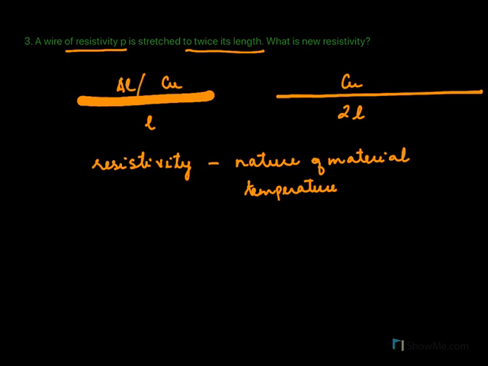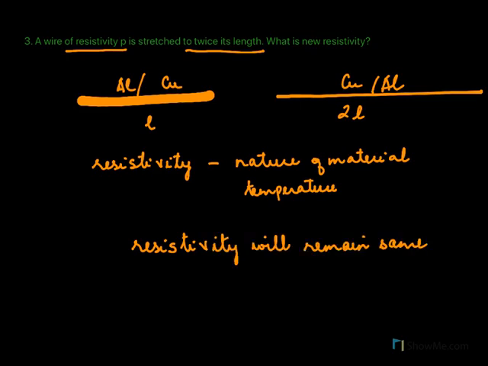If this was aluminium, this again would be aluminium. So the nature of the material has not changed, nor has the temperature. So what do you expect the resistivity? The resistivity in this case will remain the same. The resistance will change, but resistivity will remain the same.